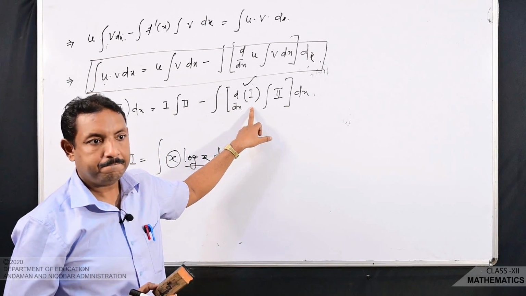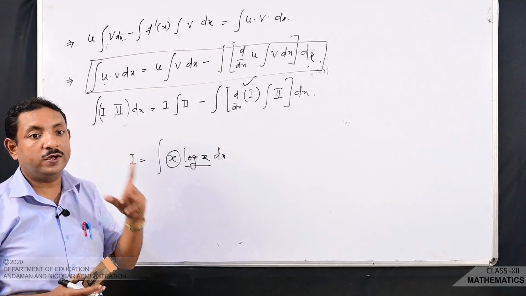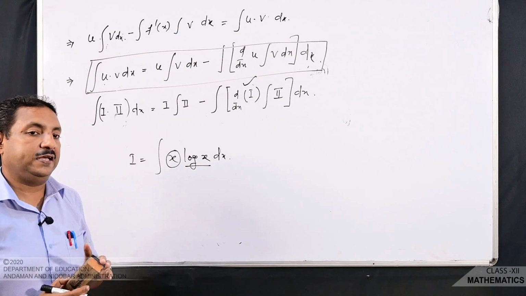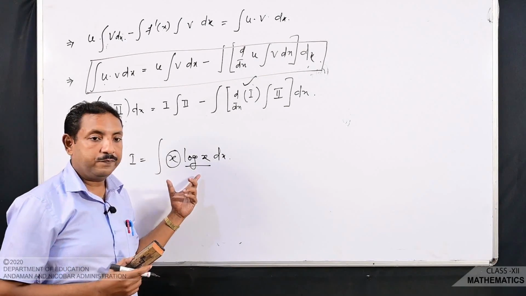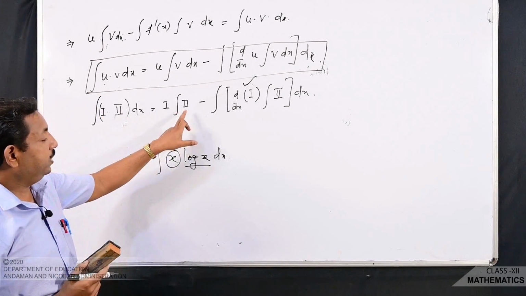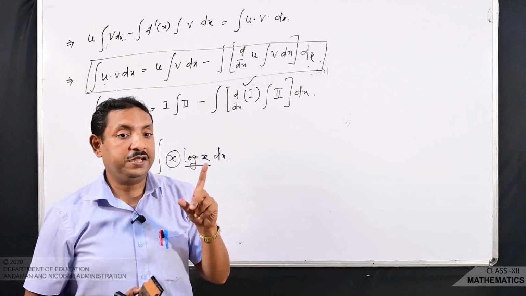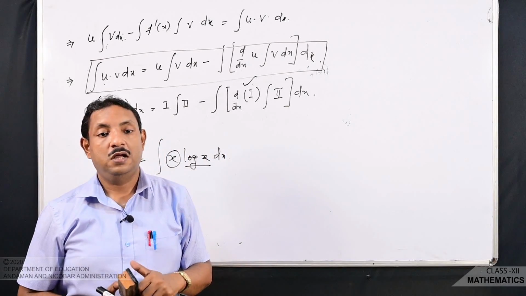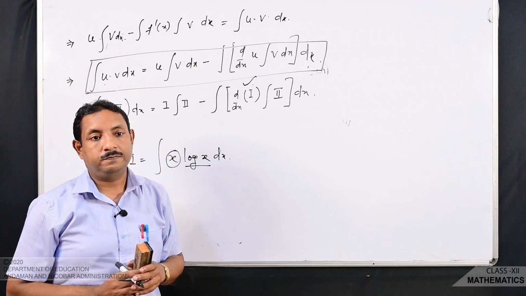So you must choose such that you know the derivative of the first function, and the second function is the one whose integration is known to us.